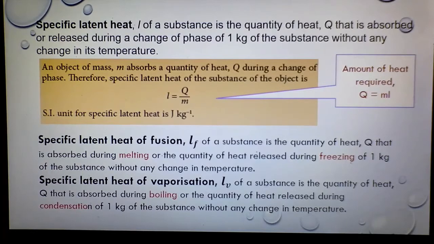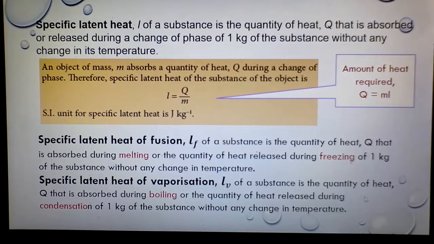So this one is for the process of melting and freezing, and the name of the heat is latent heat of fusion. Specific latent heat of vaporization, LV, of a substance is the quantity of heat Q that is absorbed during boiling, or the quantity of heat released during condensation of 1 kg of substance without any change in temperature. So for the boiling and condensation process, the name of the heat is latent heat of vaporization.